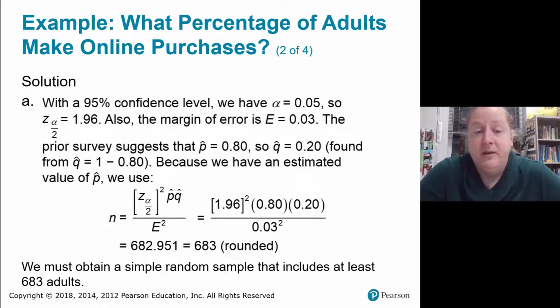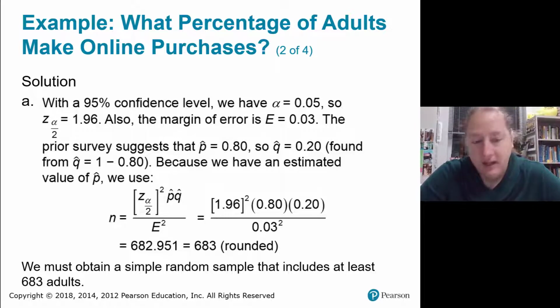So with 80%, we have p hat equals 0.8 and q hat equals 0.2. Since we're dealing with a 95% confidence level, we have alpha is 0.05. So z sub alpha divided by 2 is z sub 0.025, which is 1.96. Now, also, our margin of error is 3%, or we want it to be less than or equal to 3%. So E is going to be 0.03.